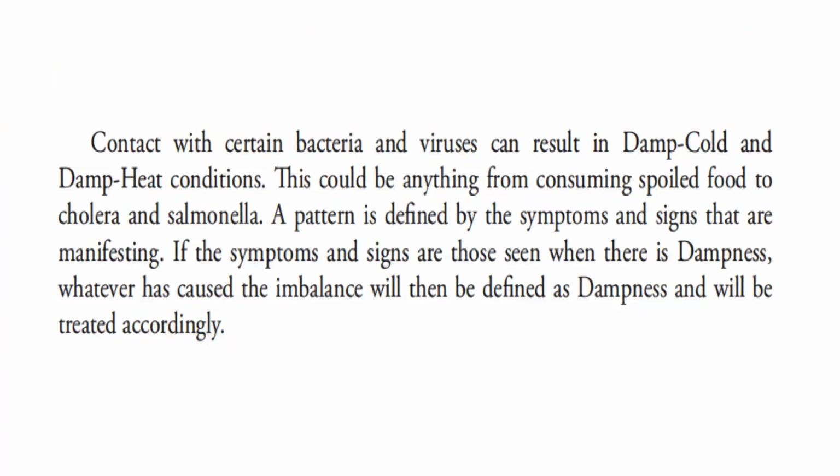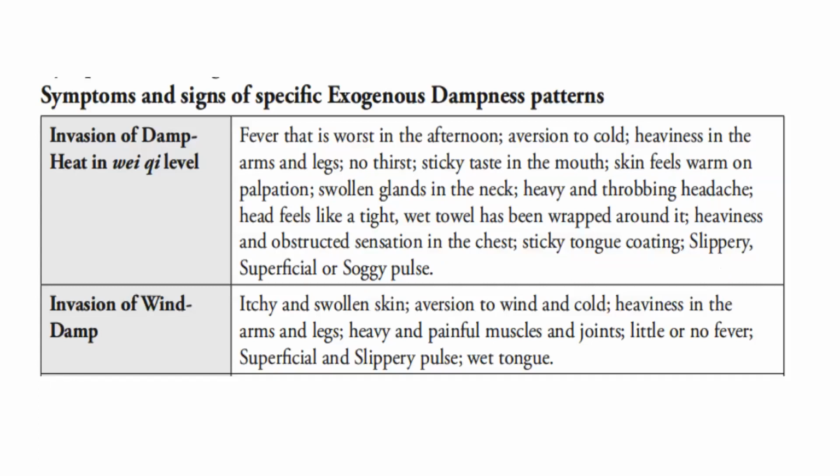A pattern is defined by the symptoms and signs that are manifesting. If the symptoms and signs are those seen when there is dampness, whatever has caused the imbalance will be defined as dampness and will be treated accordingly. For invasion of damp heat in the wei qi level, fever is worst in the afternoon.